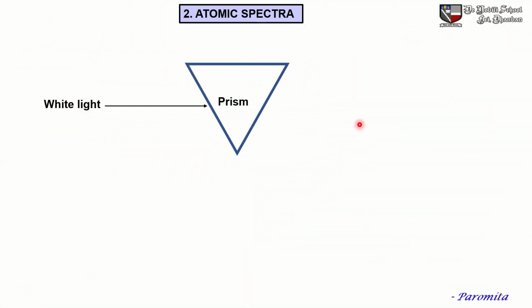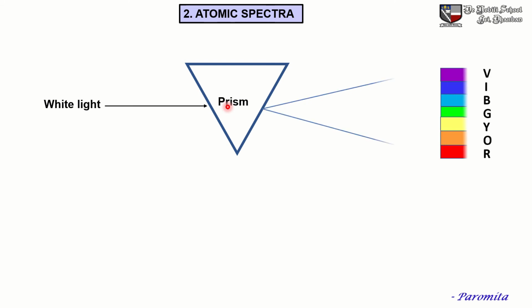Now let us discuss atomic spectra. When white light is passed through a prism, it is separated into light of 7 colors: VIBGYOR, violet, indigo, blue, green, yellow, orange and red.